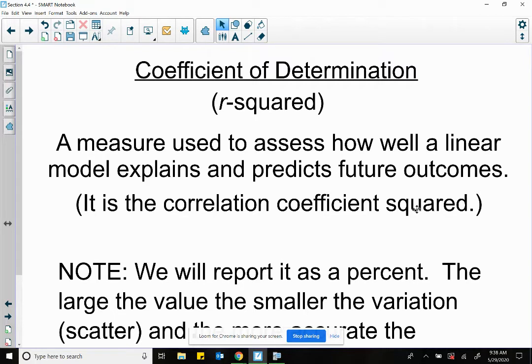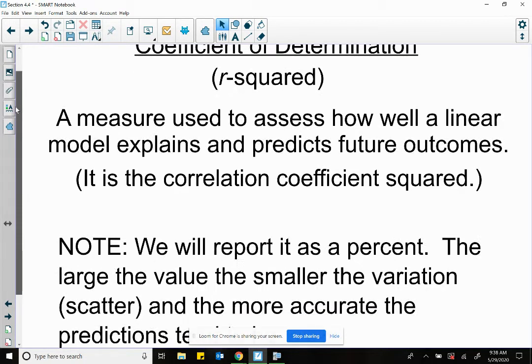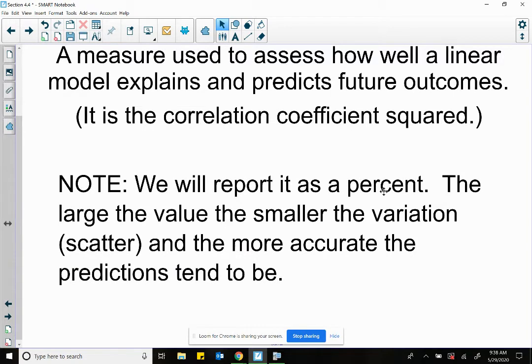And again, it is the correlation coefficient squared. So once you know R, just take that number and square it, and you're getting the coefficient of determination. Now, when we deal with this, we report it as a percent. So this is going to be a decimal answer, and you're going to turn it into a percent.